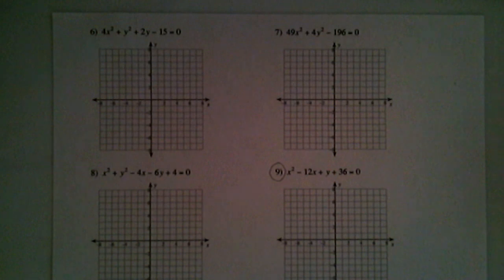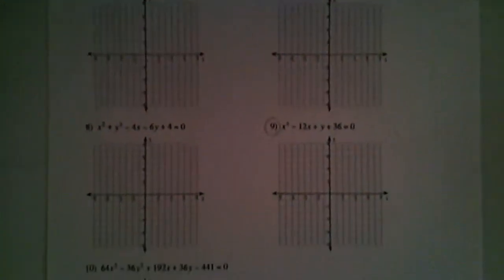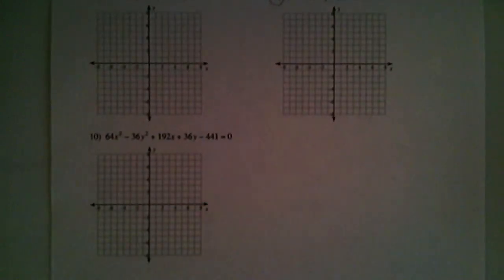Six and 7. Again, 9 is a parabola. And if you're not quite sure, then watch the next video. I'll be going over some of those as well. Let's move it up a little bit. That's 9. And the last question, 10.